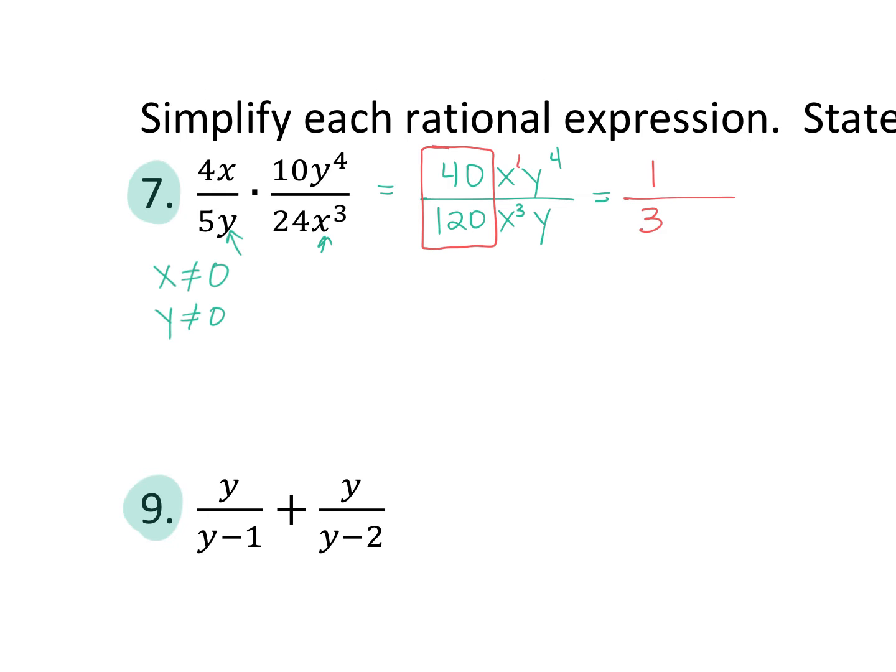So if you subtracted it, 1 minus 3 is a negative 2, so it'd be an x to the negative second on top, which is just x to the second on bottom. And then what's on top because of this? Y to the third. Subtract that. So really, it's just y to the third over 3x squared. I don't care if you leave the 1. I won't take off for that, but that would be your answer.